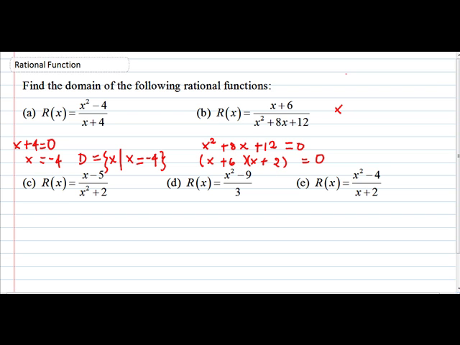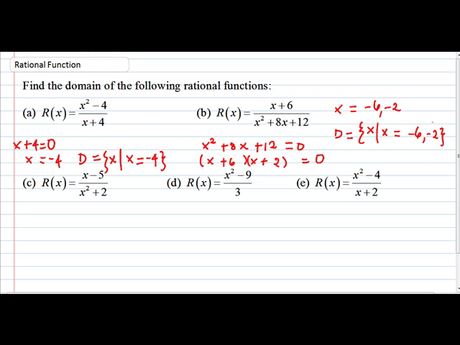Therefore, when we solve for x, we have -6 and -2. That means our domain is the set of x values such that x cannot equal -6 or -2. This is our domain.